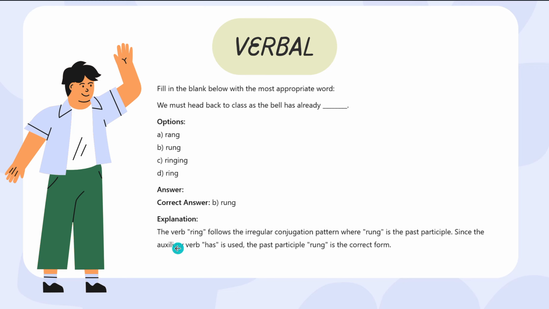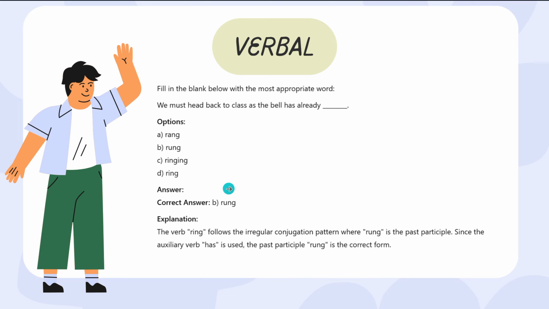Rung. The verb ring follows the irregular conjugation pattern where rung is the past participle. Since the auxiliary verb has is used, the past participle rung is the correct form. Based on the sentence you should fill the verb form. I hope you got this.